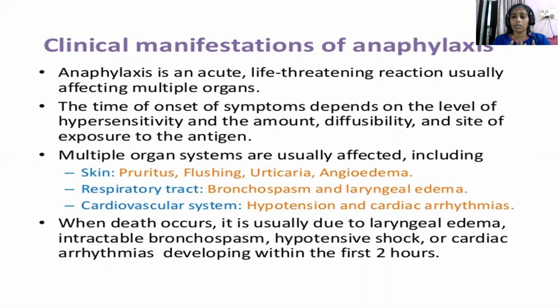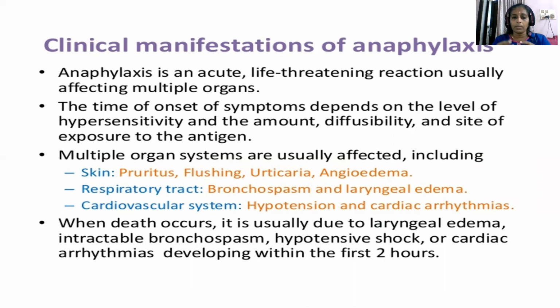Multiple organ systems are usually affected, including the skin, respiratory tract, and cardiovascular system. In the skin, it is pruritus, flushing, urticaria, and angioedema. In the respiratory tract, it will be bronchospasm, laryngeal edema, etc. In the cardiovascular system, it is hypotension and cardiac arrhythmias.